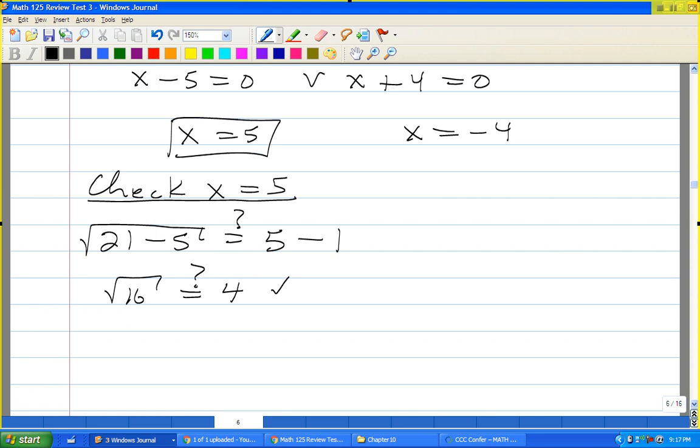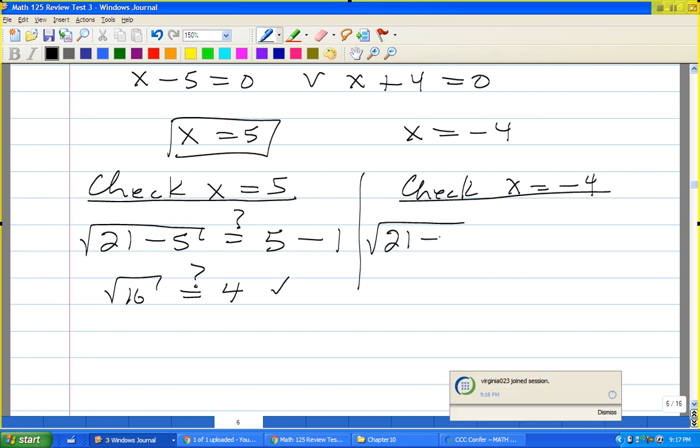Let me check if x equals negative 4. Is the square root of 21 minus a negative 4, so that's plus 4, equal to negative 4 minus 1?